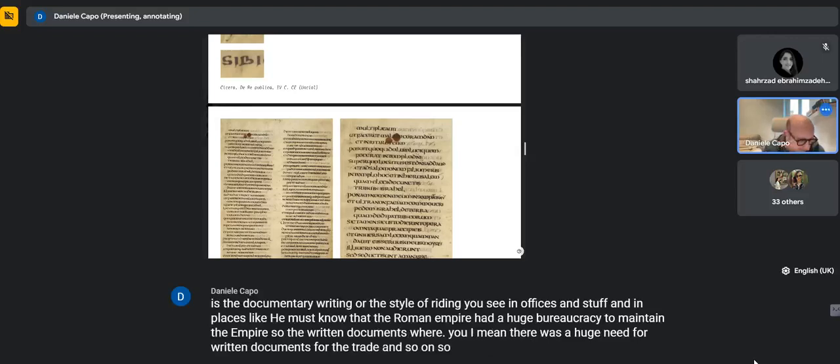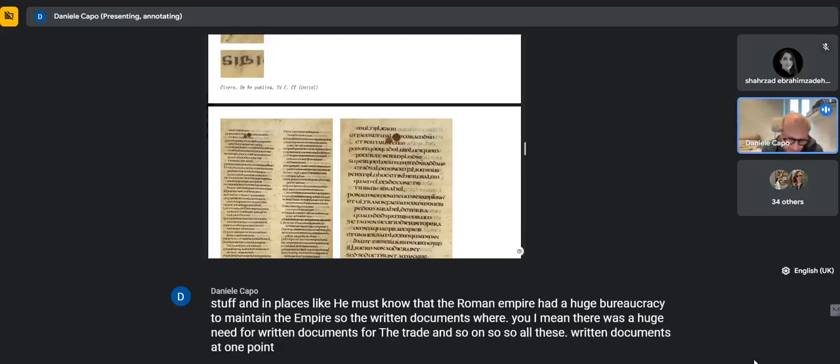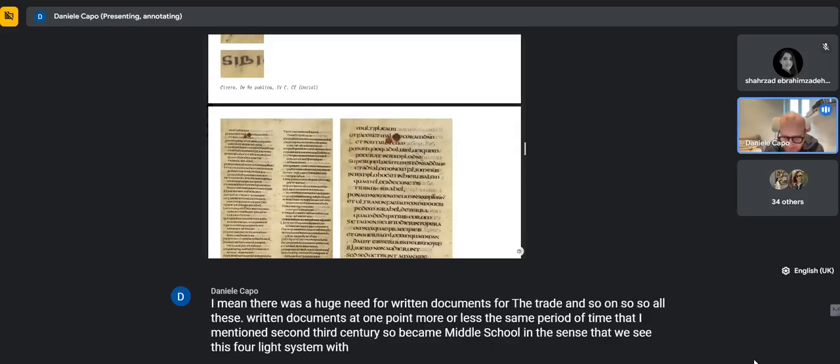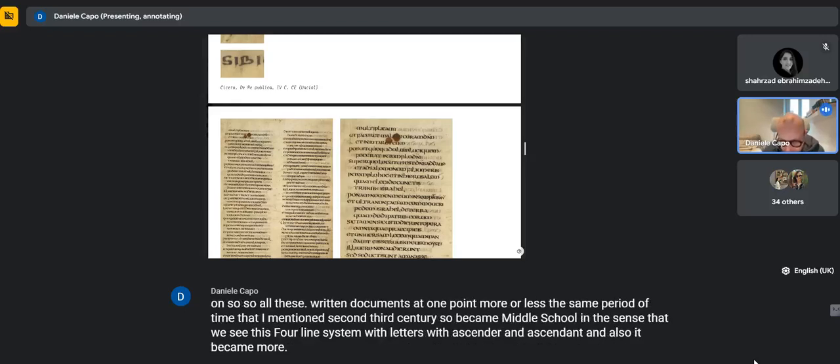So all these written documents, at one point, more or less in the same period that I mentioned, second, third century, became minuscule, in the sense that we see this four-line system with letters with ascenders and descenders. And also, it became more cursive.